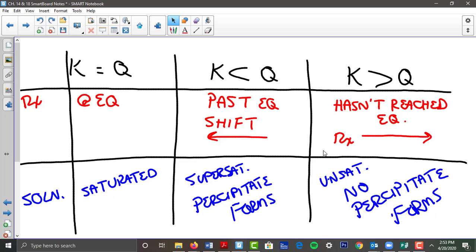We're going to do a lot of that in the upcoming slides as it relates to the relationship between Q and K. Let's go over a couple of examples so that you can see what we're talking about.